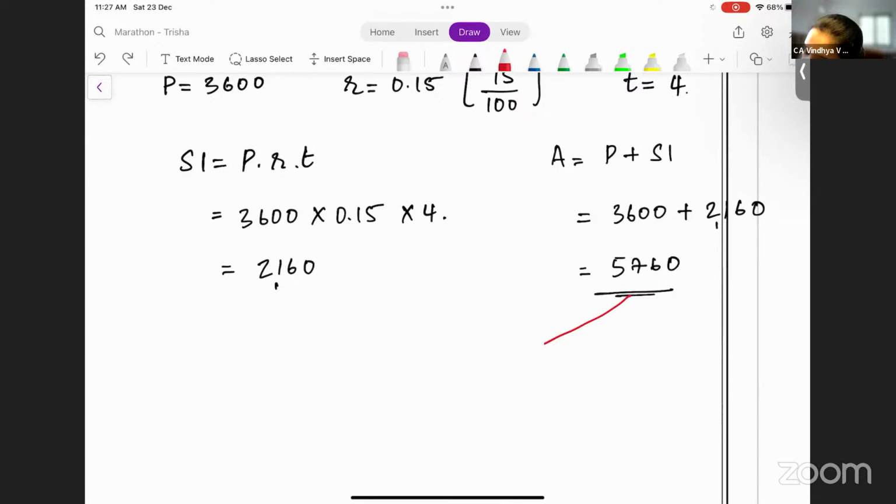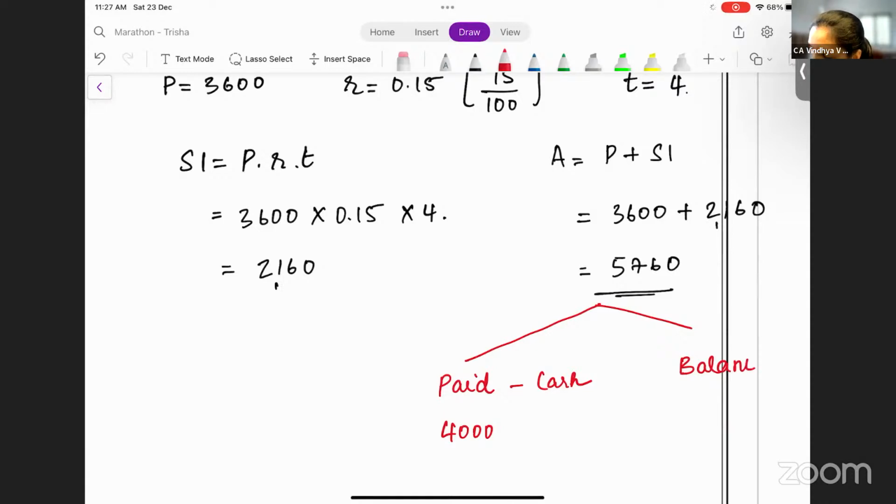What did he do? In cash, he paid only 4,000. And then the remaining balance, he gave a cow, which means the cost of the cow is 1,760. I hope this is clear.